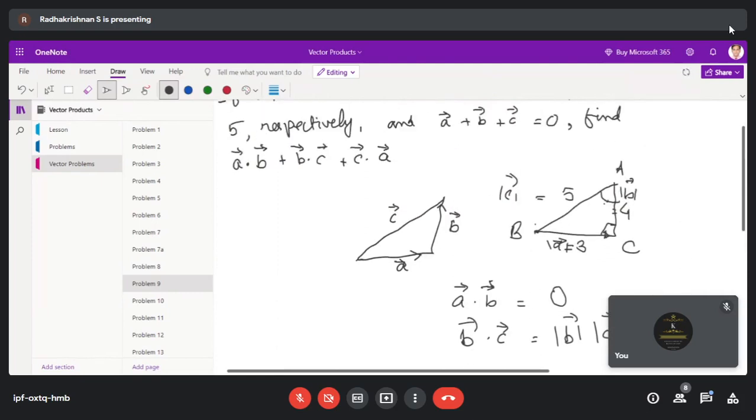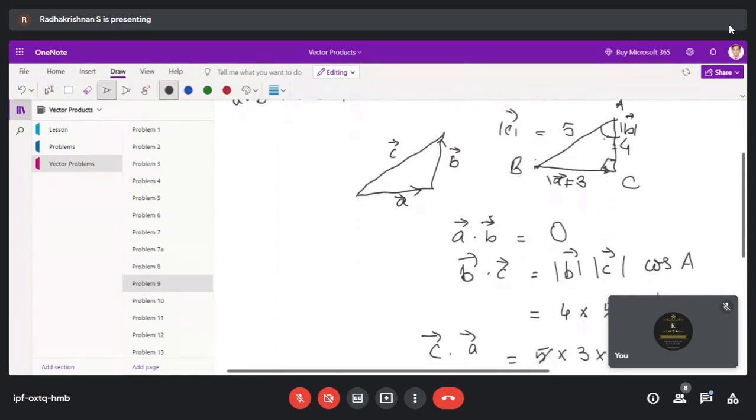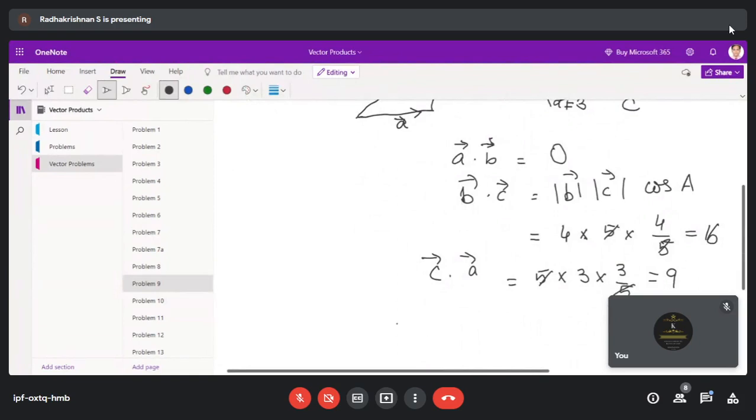So what is asked? A dot B plus B dot C plus C dot A is equal to 0 plus 16 plus 9, which is 25.